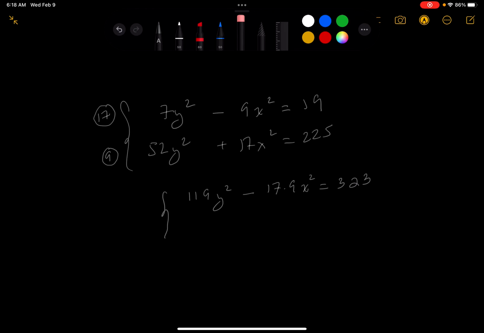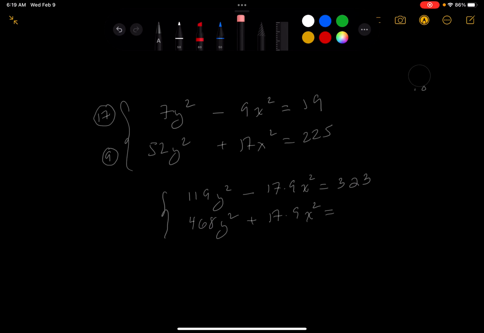Keep moving. I've got to do 9 times 52. Well, 9 times 50 is 450, and 9 times 2 is 18. So what do you get? You get 468y squared plus 17 times 9x squared. I don't need to multiply that out. But I do need to do the 9 times 225.